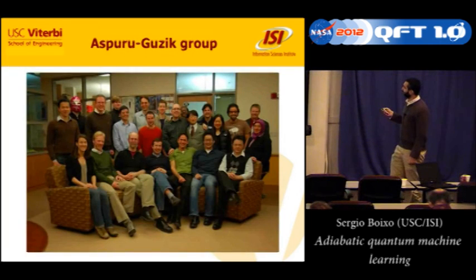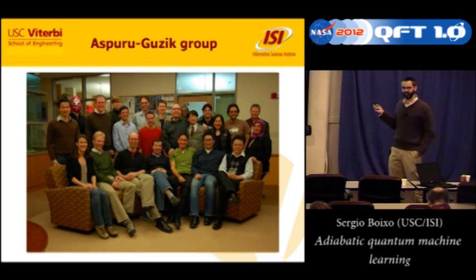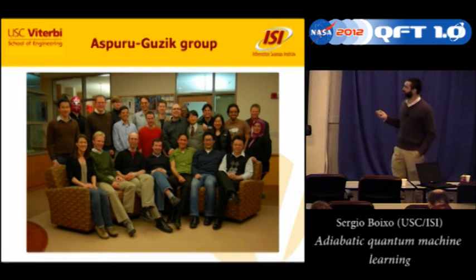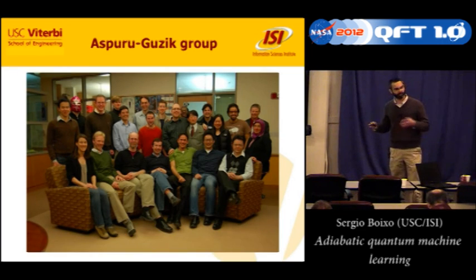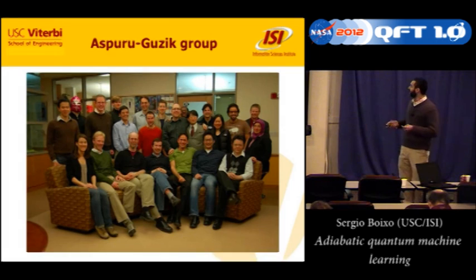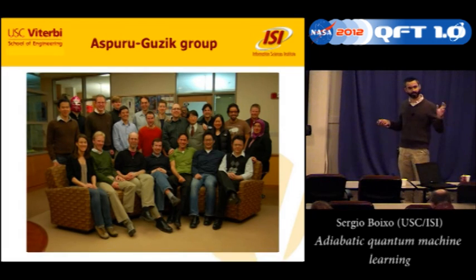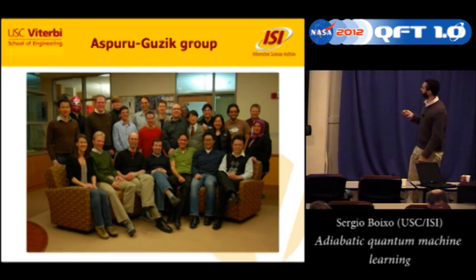So last year, I was a postdoc at Alan Aspuru-Guzik's group. Alan talked here yesterday, I guess. And so he has a very big group. As he explained here, one of the things they do is try to apply quantum computation to solve chemistry problems. And that's what I'm going to talk about today, applying adiabatic quantum machine learning to quantum chemistry problems.